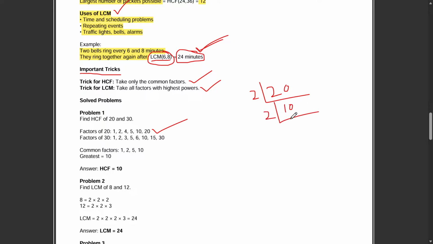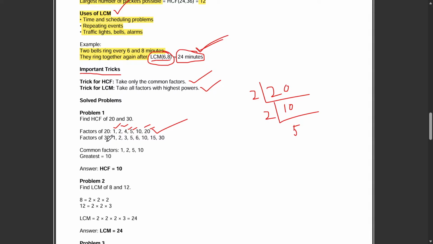If we divide it by 2 again, then we'll get 5. So the factors of 20 are 1, 2, 4, 5, 10, and 20.